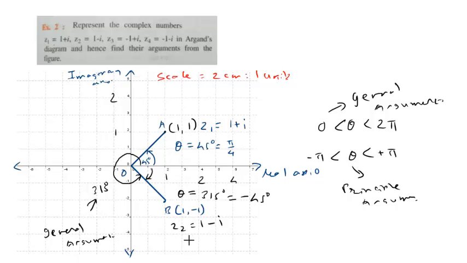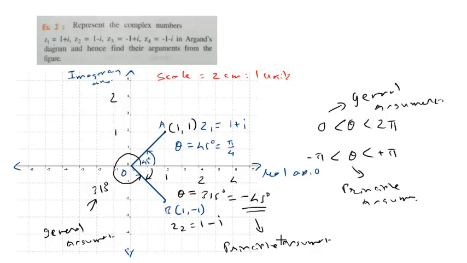and the same argument can be represented as minus 45 degree. This is nothing but the principal argument. So for the complex number Z2 equal to 1 minus i, we can represent its argument in two forms.